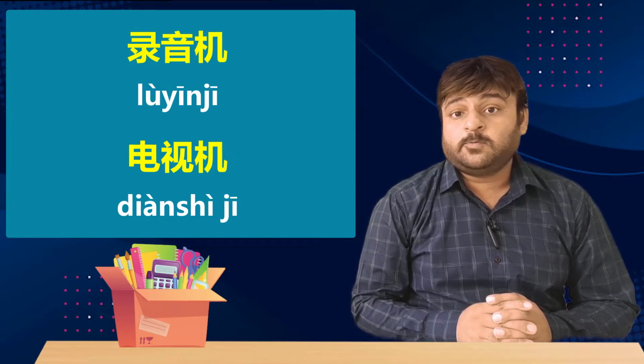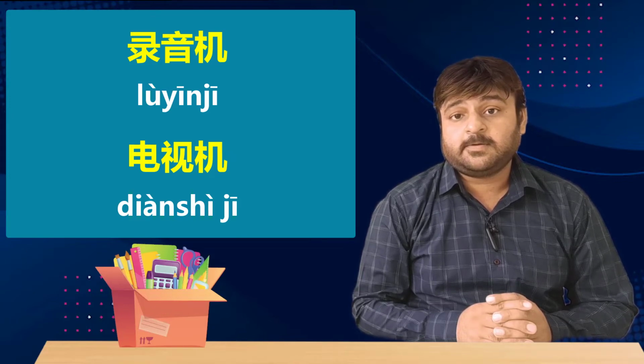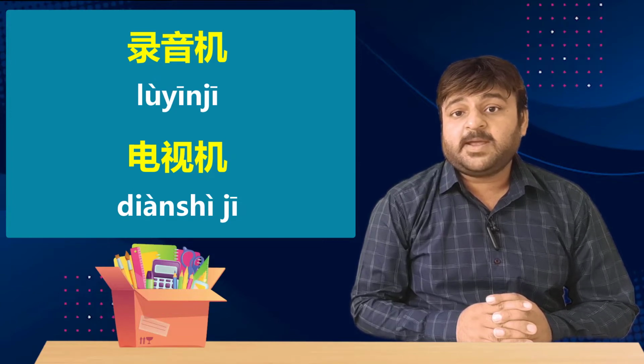Remember, when we reply in the affirmative, we use the particle ne at the end to denote a continuous sense. If we have to reply in the negative, we use mei. So in this sentence, if we have to say the door is not open, we say 门没开着.